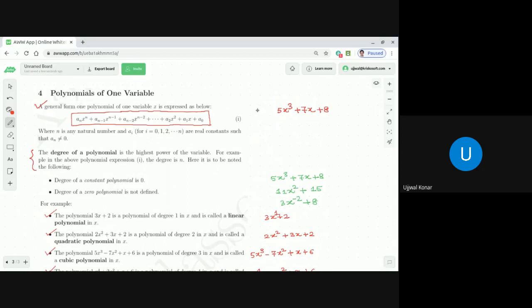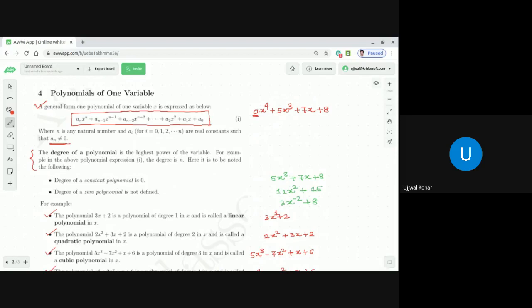Because we can write 0 into x to the power 4 plus 5x cube, but 0 should not be there. That is why an should not be equal to 0. The coefficient of the maximum power should not be equal to 0. I hope you got it, dear students, right? So the degree of a polynomial is the highest power of that one variable, and its coefficient should not be equal to 0.